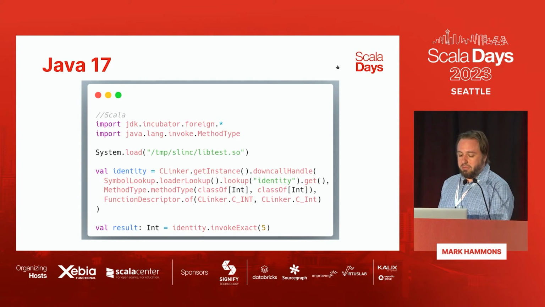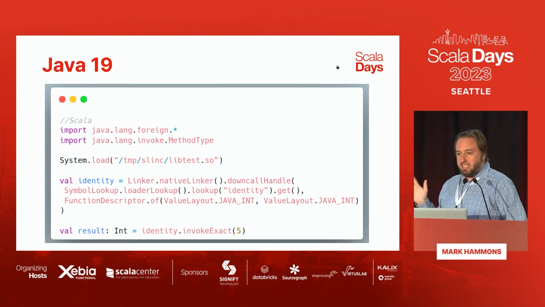So a method type that takes and returns an int, using these class of ints. And then finally a function descriptor of Clinker.C_INT. And then you have a method handle that you can use something like invokeExact on to get your result back.